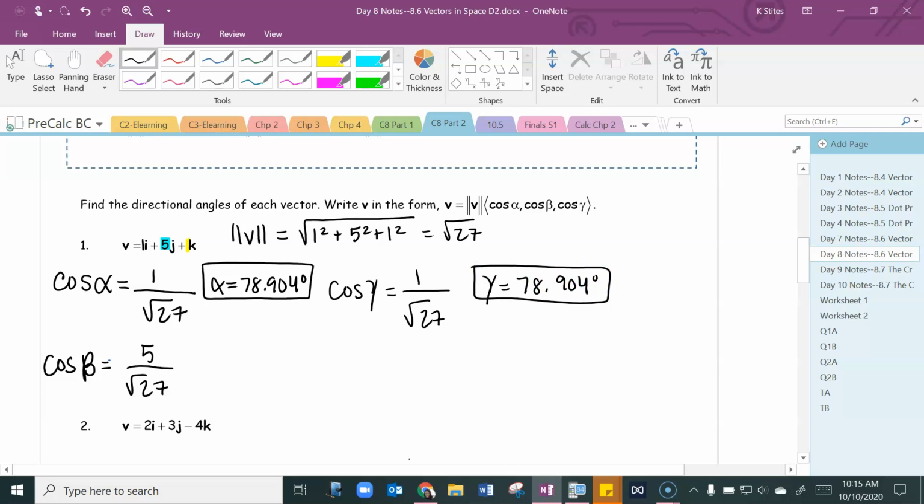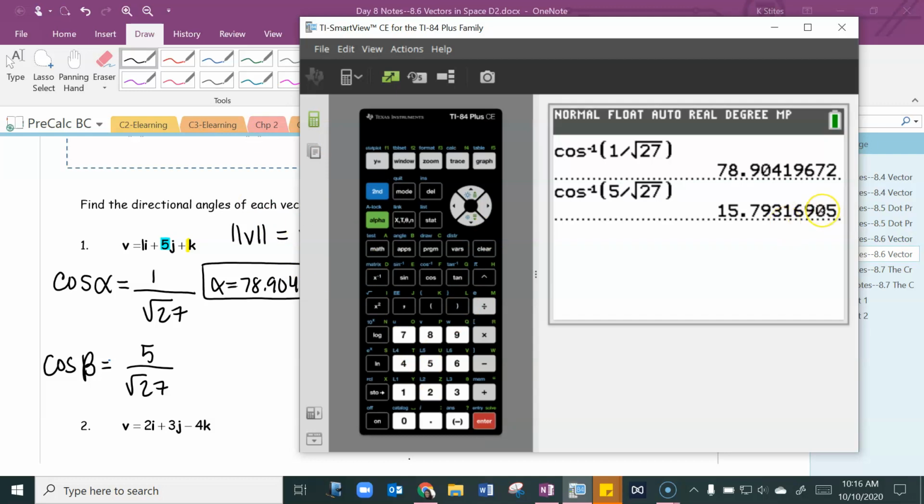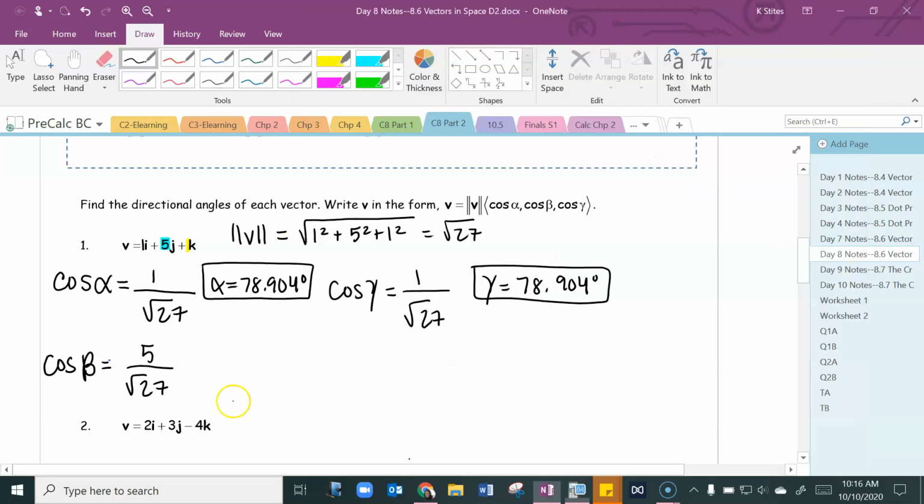Then to find beta, we just do inverse cosine of 5 over root 27, and we get 15.793 degrees. And there you go. Those are called your directional angles.